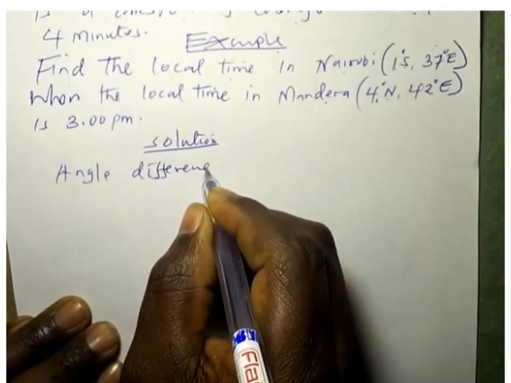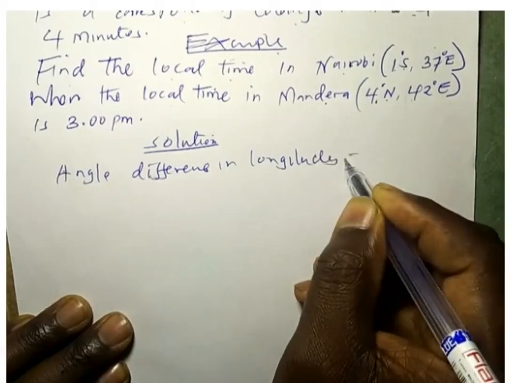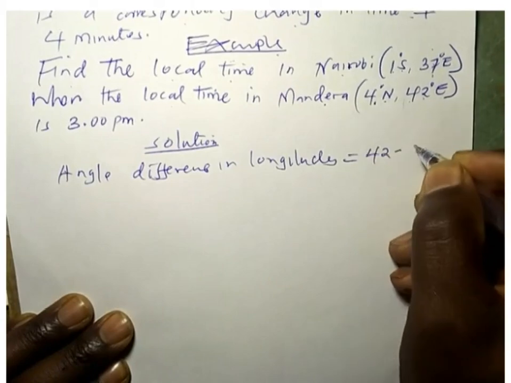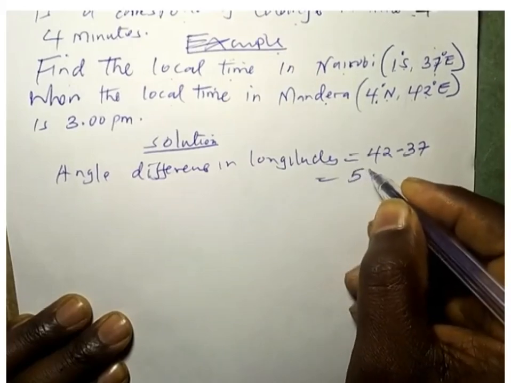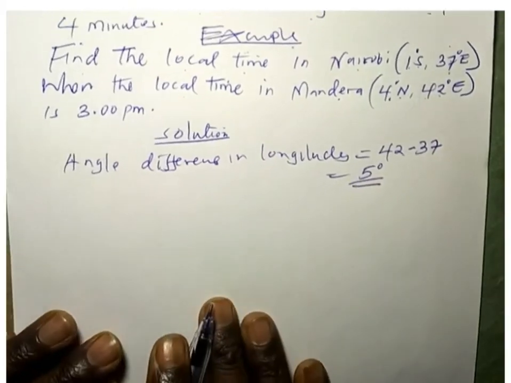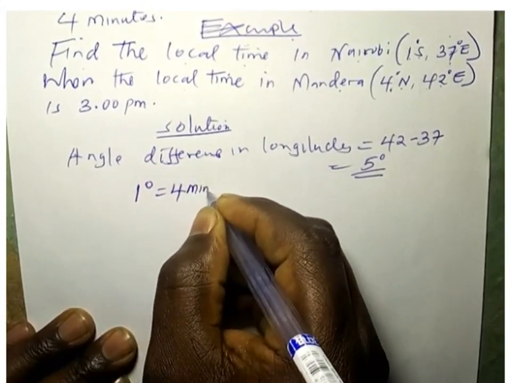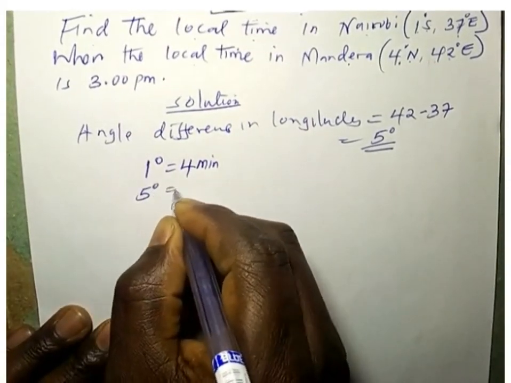So the angle difference in longitude is, as you can see, they are east, so it is 42 minus 37, and this one gives us 5 degrees. But we know that 1 degree is equal to 4 minutes. So now we want to find out the difference in time. 5 degrees will be what?